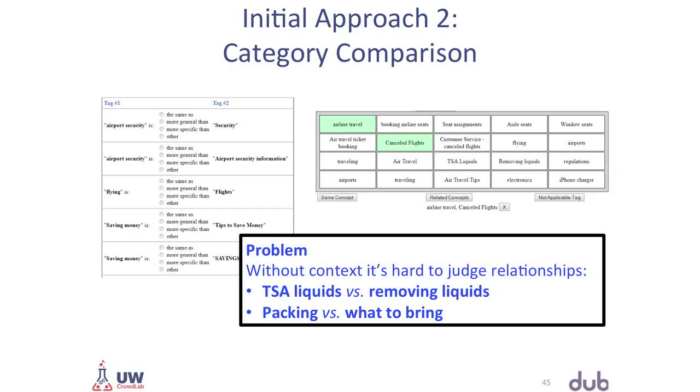The reason is really that without context, it's very, very hard to judge these relationships. And so the takeaway was workers don't want to compare abstractions. Workers want to compare concrete things, whether they're pictures or pieces of text. They need to have things be concrete.